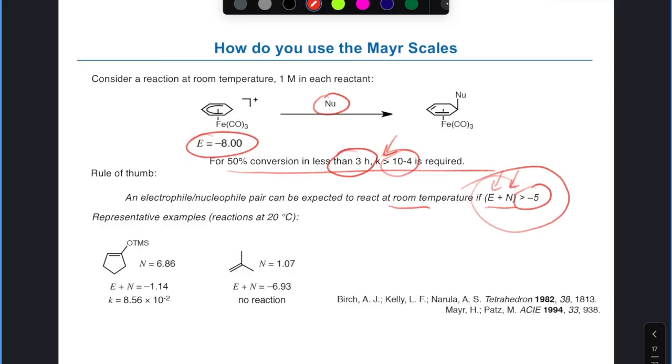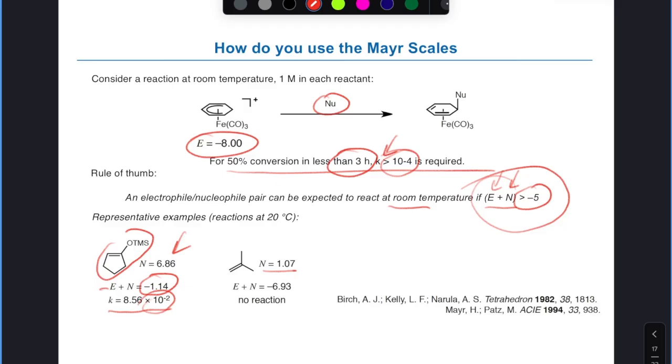So this is where you could look at different materials and say, all right, that's my nucleophile, there's my E value, here's my N. That E plus N for this combination is minus 1.14, which would give you a predicted k value, assuming s is equal to 1, of something about 10 to the minus 2. Okay, that's reasonable. Now for this one, there's your N for a different material.